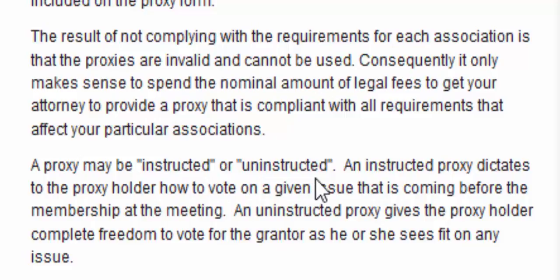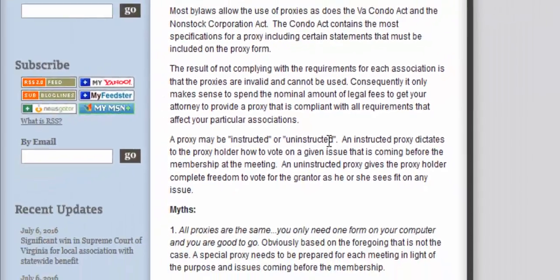A proxy may be instructed or uninstructed. An instructed proxy dictates to the proxy holder how to vote on a given issue that is coming before the membership at the meeting. An uninstructed proxy gives the proxy holder complete freedom to vote for the grantor as he or she sees fit on any issue.